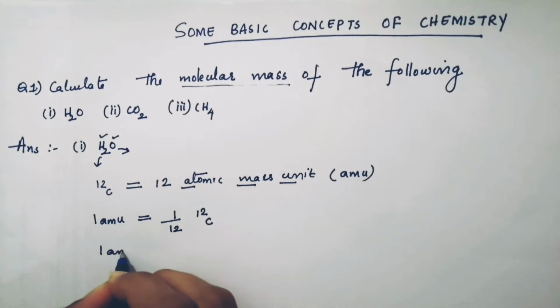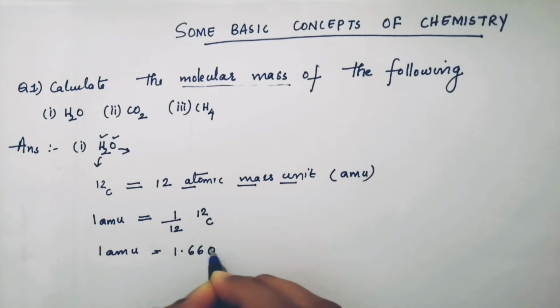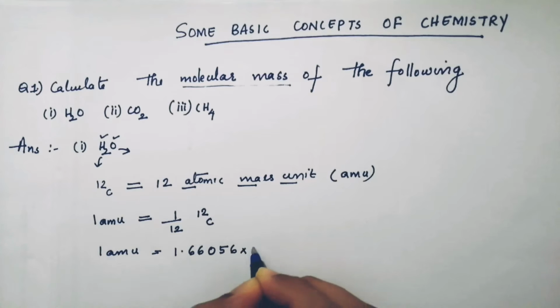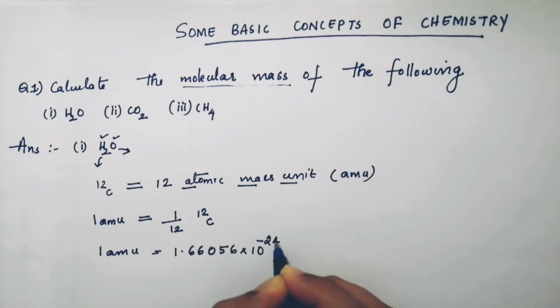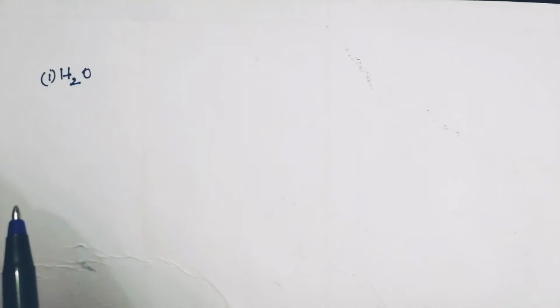And this 1 AMU is calculated to be 1.66056 into 10 power minus 24 gram. And this value is an average of the proton and neutron rest mass of this carbon-12 atom.